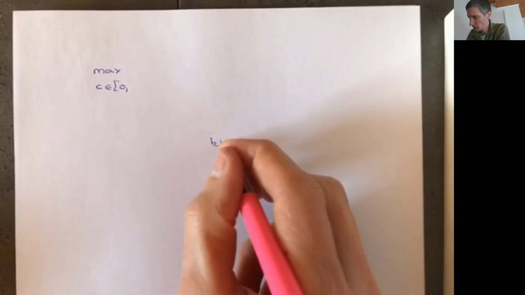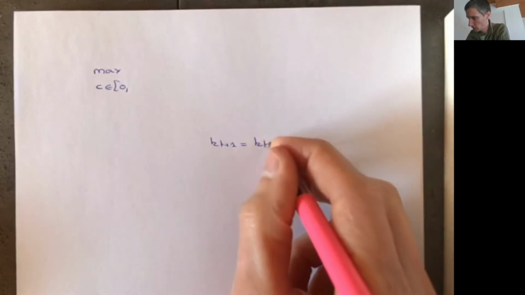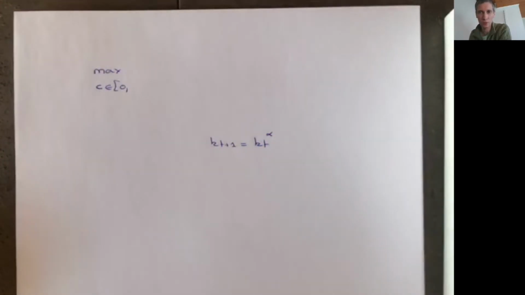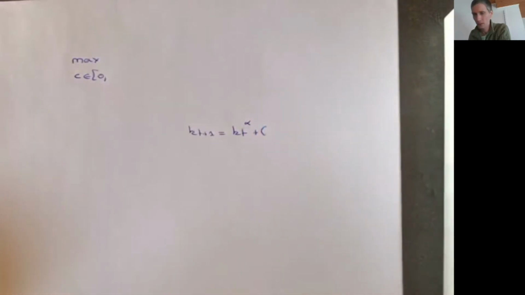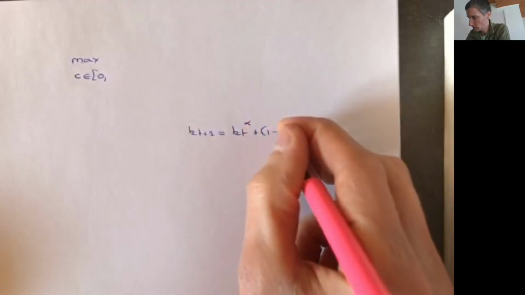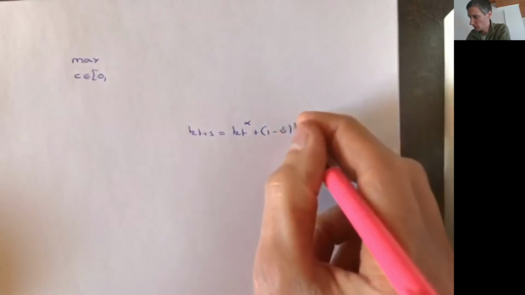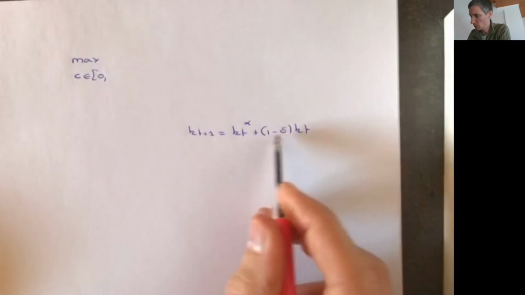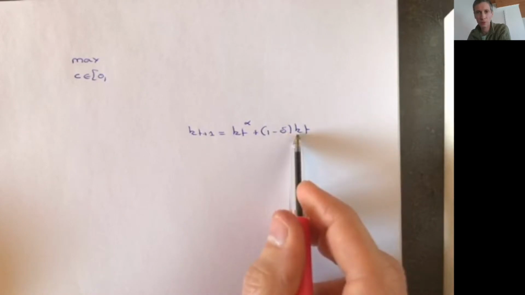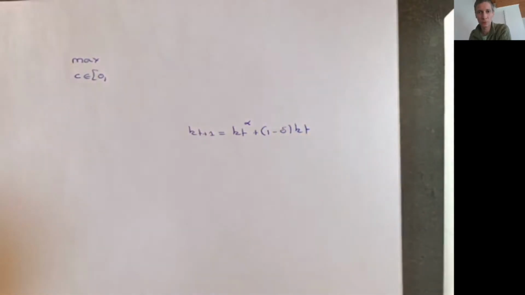So I'm going to use a law of motion where k t plus 1 is equal to k t, let's say, to the power alpha. I'm going to give a value of alpha in a minute. And then there's some 1 minus delta times k t. So a fraction 1 minus delta of the capital stock today gets into the capital stock of tomorrow.